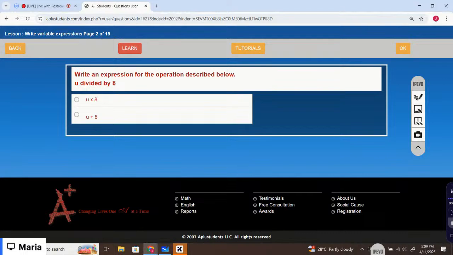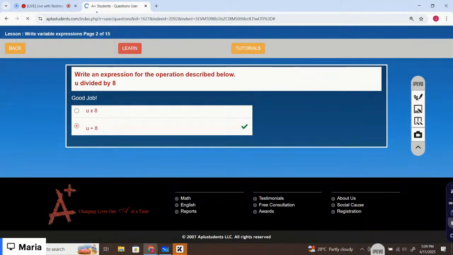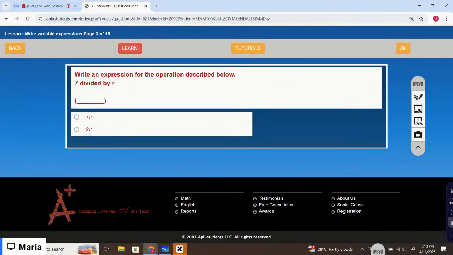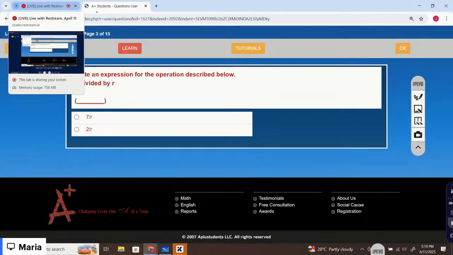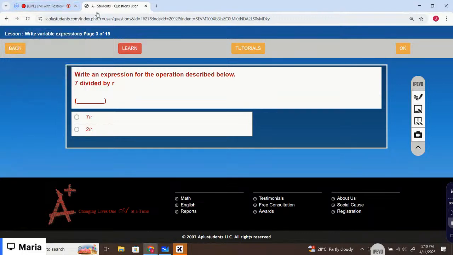Write an expression for the operation described below. U divided by 8. So which is the correct option? That is option number 2 is the correct option. Seven divided by R, which is the correct option.